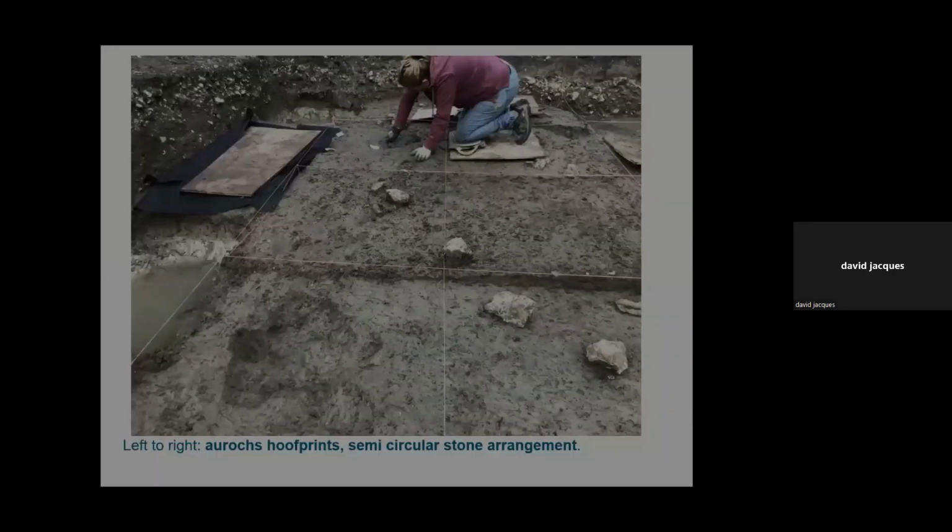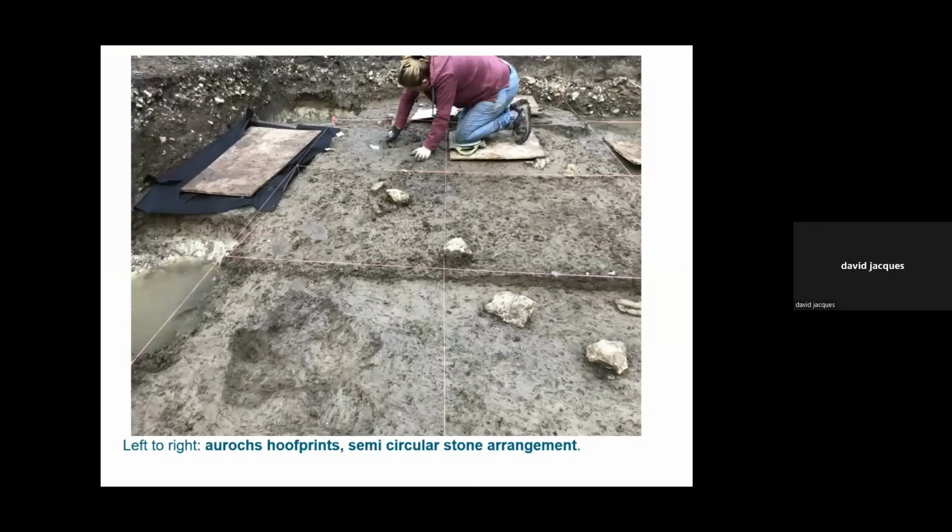Fascinating. Now, in the last dig in October, we stripped back part of that platform and found some astonishing things. Nearest to you, this big splodgy looking thing that might not look much is a gigantic Aurochs hoof print, or hoof prints.